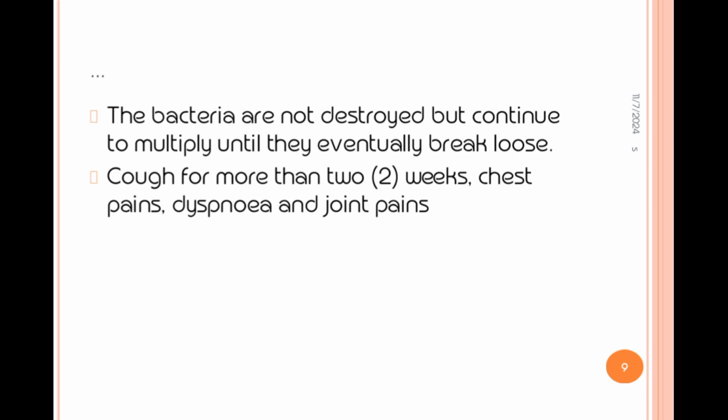The mucosa membrane is going to be disturbed. That is going to cause what? Production of thick or viscous mucus. And that's how these signs and symptoms are coming in, such as cough for more than 2 weeks. This cough is trying to expectorate the thick mucus that has been secreted because of the destruction in the mucosa membrane.